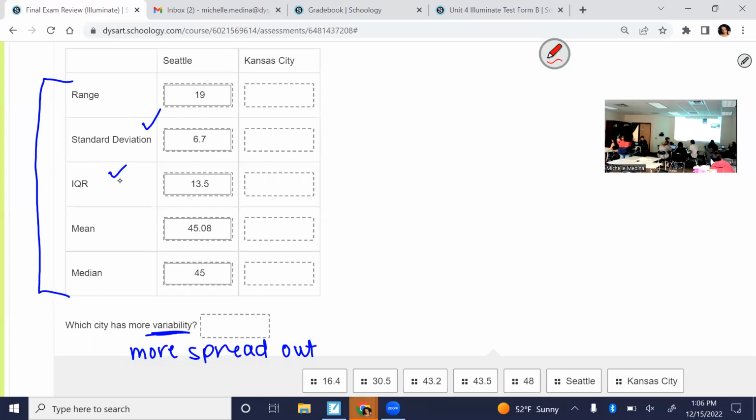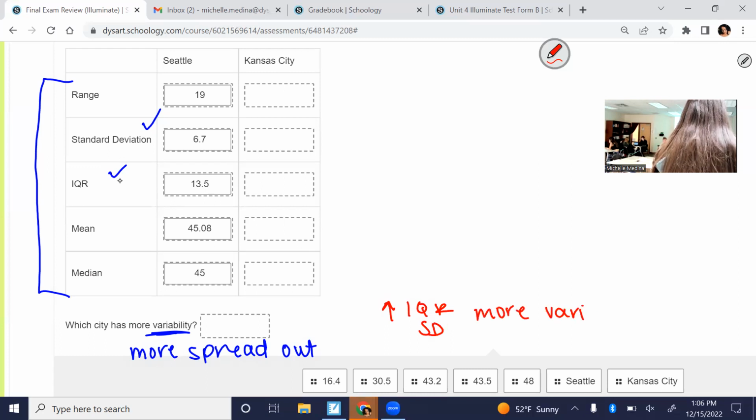Whichever one is higher, so if it's higher for Seattle than Kansas City, then that one has more variability. If it's higher for Kansas City compared to Seattle, then Kansas City has more variability. So once you find that value, compare them. The higher IQR or standard deviation, the more variability it has.